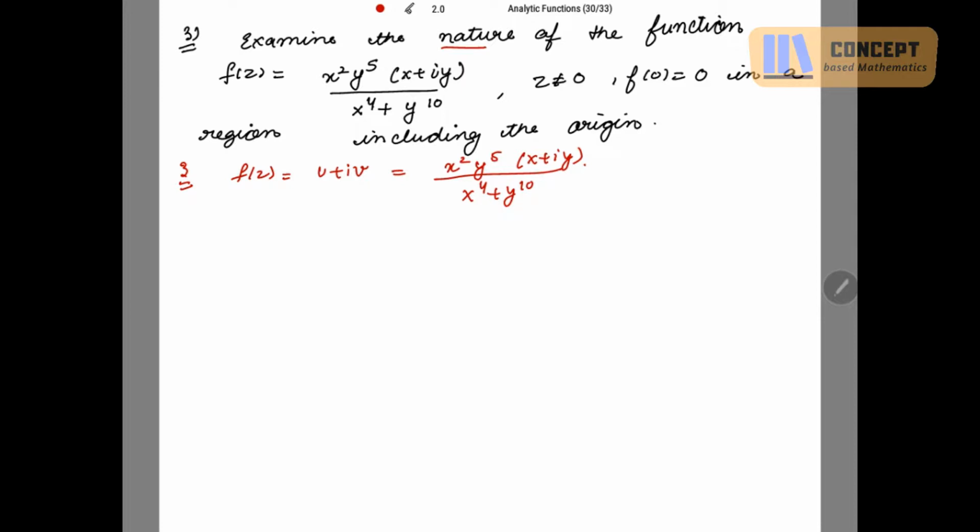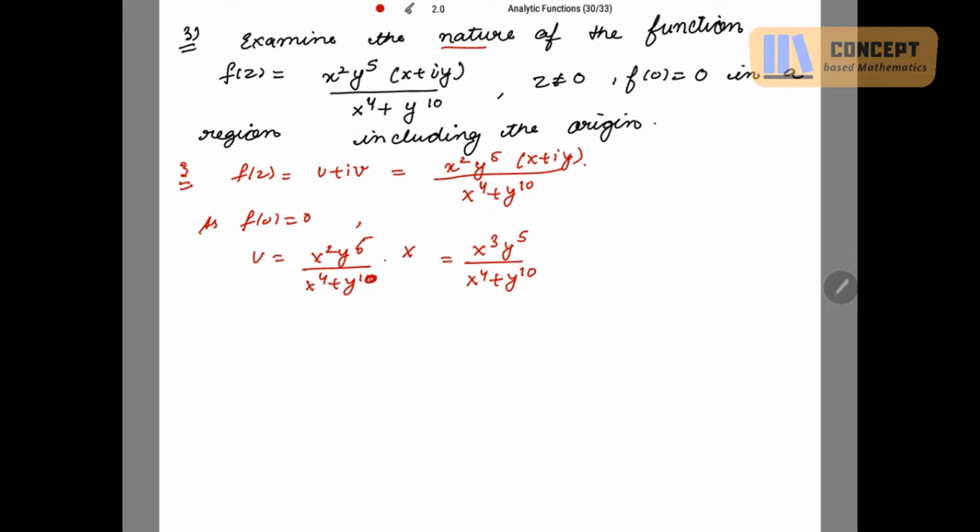You find now your f(0) is 0. Then, what is your u and v? You equate the real and imaginary parts. Your u is equal to x square y raised to the power 5 into x over x^4 plus y raised to the power 10, which is equal to x cube y raised to the power 5 over x^4 plus y raised to the power 10.